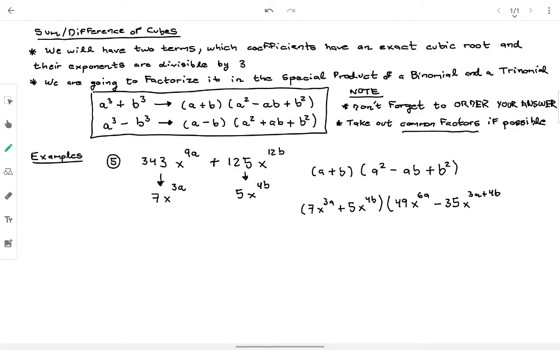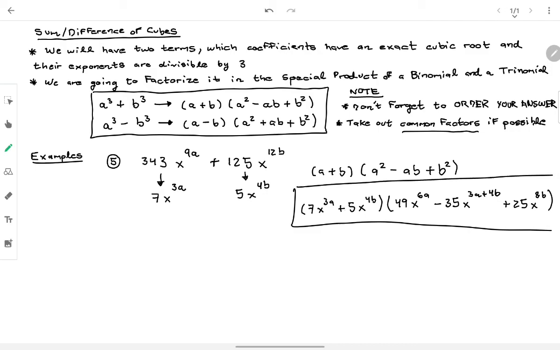So it's going to be 3a plus 4b. And in the other one, it's going to be plus 5 times 5, it's 25. X 4b squared is going to be multiplied by 2, so it's going to be 8b. So in this case, it's correctly ordered because we have first x to the a, then x to the b. So that's the correct answer for this specific exercise.